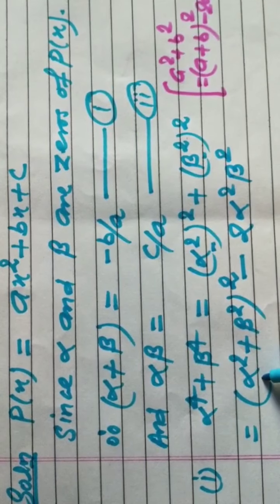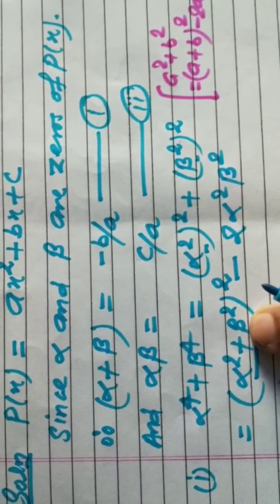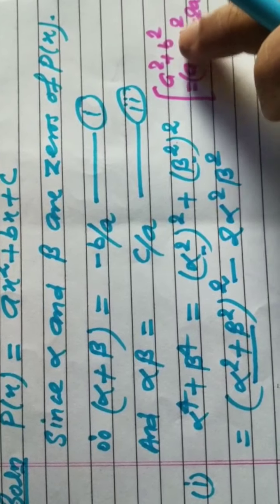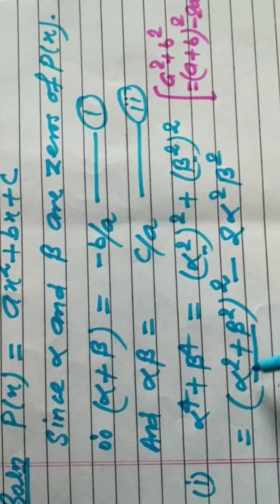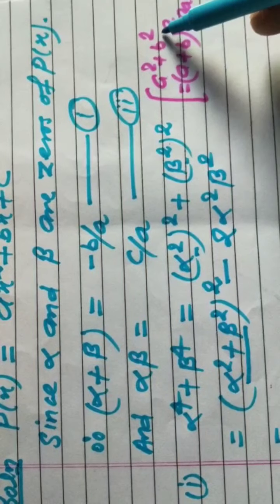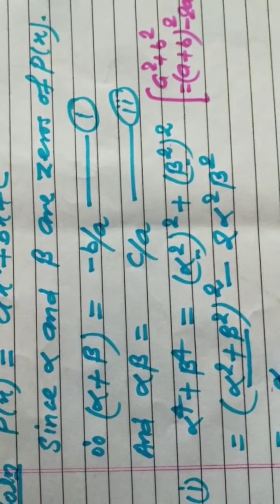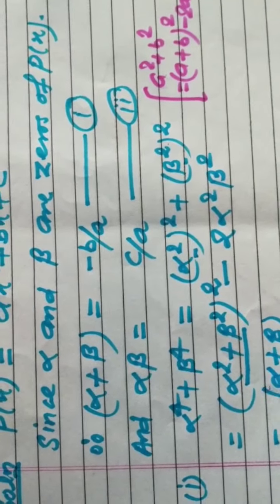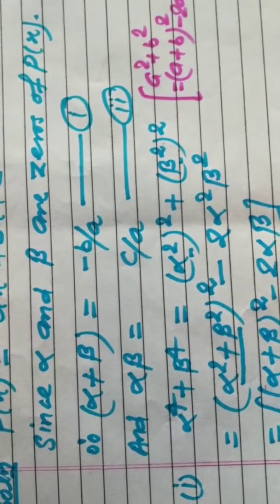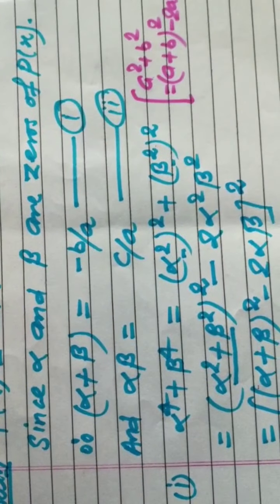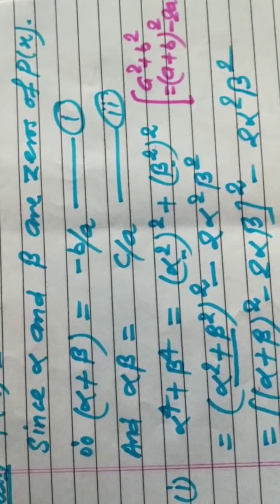Now again write this alpha square plus beta square on this identity. If we break this also on this identity, then alpha square plus beta square, that is a square plus b square, will be equal to (a plus b) the whole square minus 2ab. So here it will be (alpha plus beta) the whole square minus 2 alpha beta, and the whole square is there, so write here the whole square minus 2 alpha square beta square.